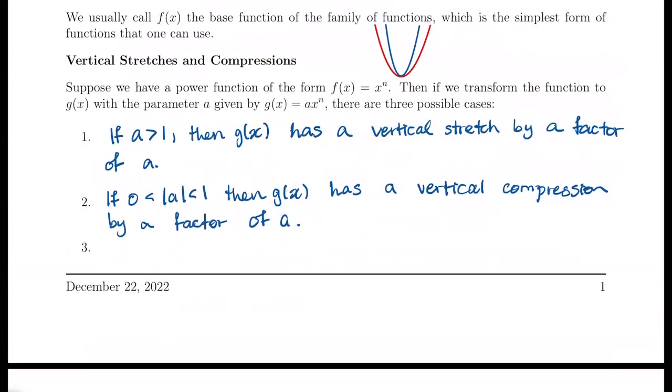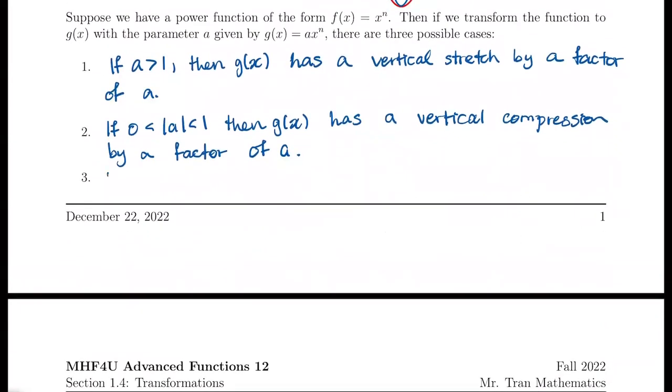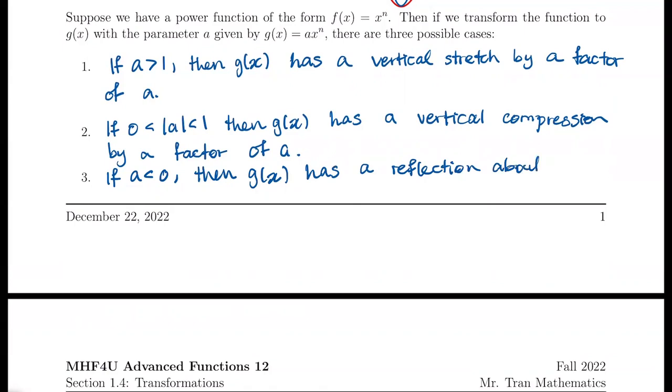The last condition is when a is below 0. If a is less than 0, then g of x has a reflection about the x-axis. Meaning that every y coordinate of the base function is going to be flipped to the negative side.